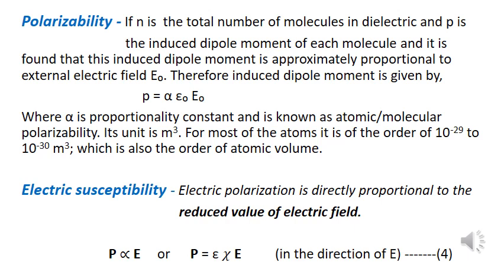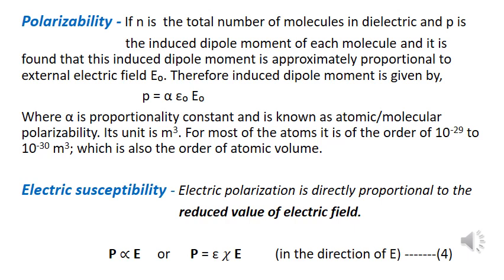Here alpha is the proportionality constant and is known as atomic or molecular polarizability. Its unit is meter cube, and for most of the atoms it is of the order of 10 to the power minus 29 to 10 to the power minus 30 meter cube, which is also the order of atomic volume.